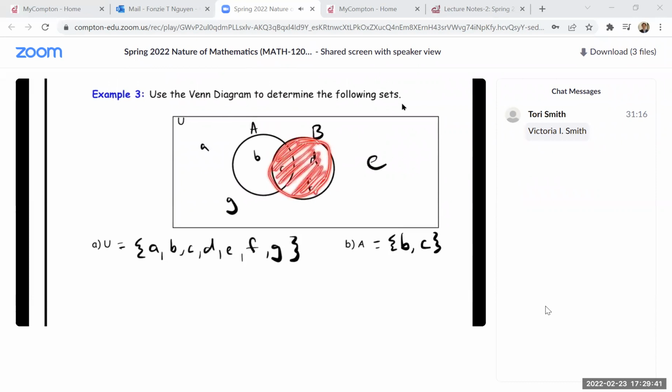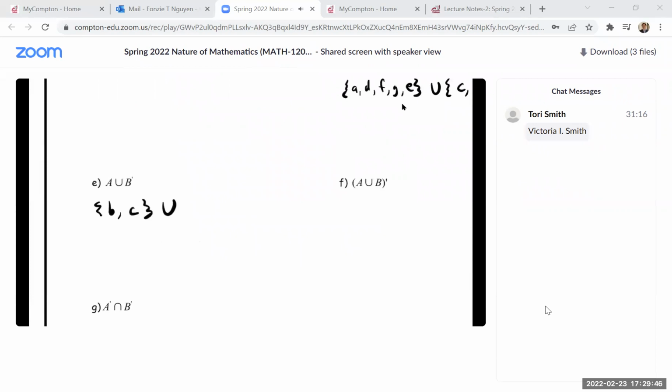A, D, E, G. And then the union means you're combining them, right? Right. So what would be in the final set? A, B, C, D, E, G. Yeah, we just merged those sets into one and then take out the duplicates. All right, very good. So that is it.